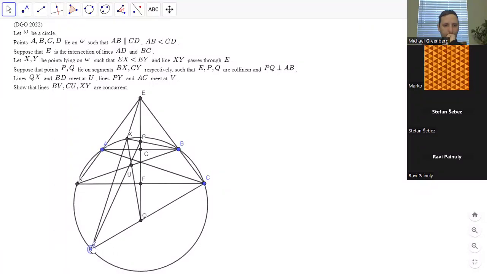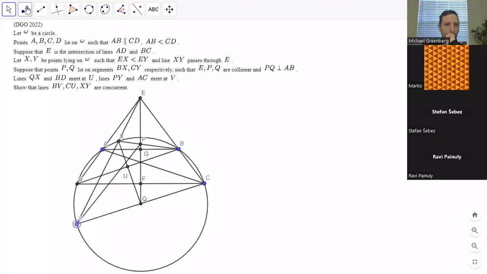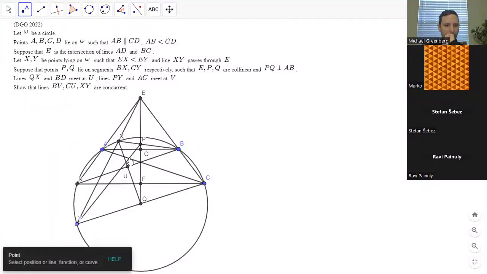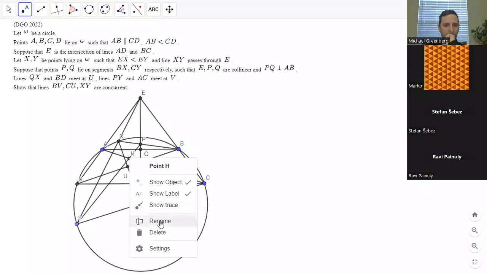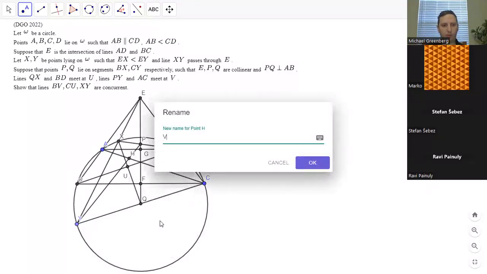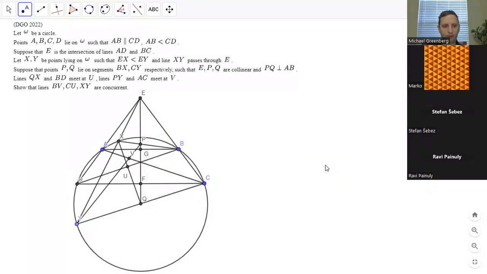How should I move things so that these are a little farther apart? So that's U, this is V, and we want to show BV, CU, and XY are concurrent. Interesting. We could just call that intersection point, why not call it H?